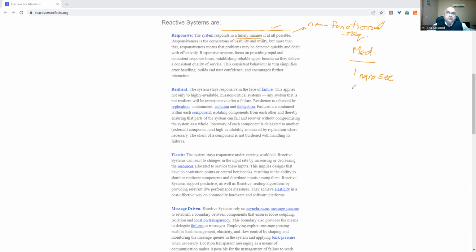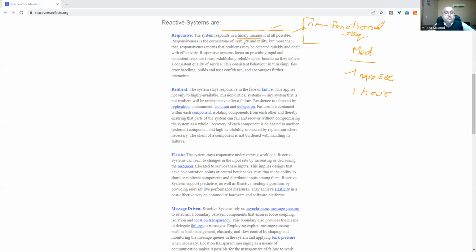Maybe for something else, for an asynchronous batch processing system, doing some preparation of data during off times, maybe even 1 hour is fine. So of course it depends. But of course, we agree that timely is important. The response time as a non-functional requirement is very important. Okay, so let's move further.